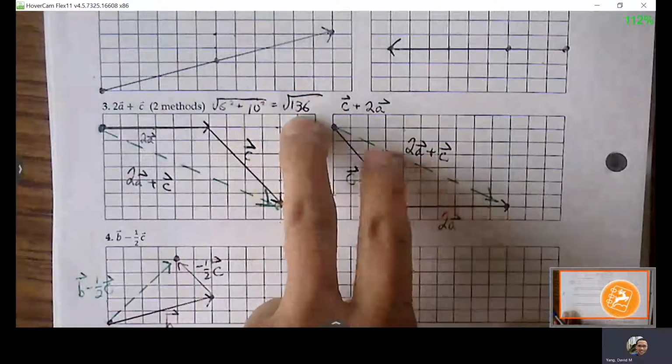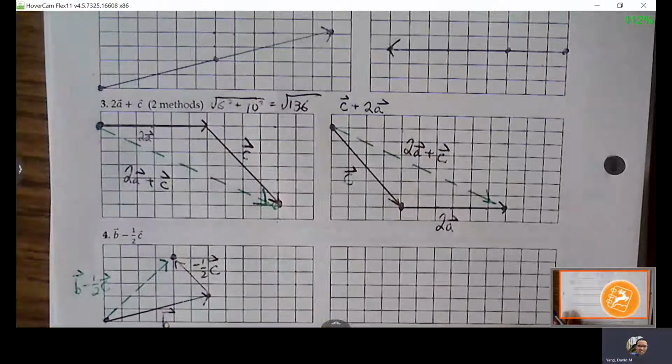Okay. These are the same thing, so we're getting 136 in both of these.